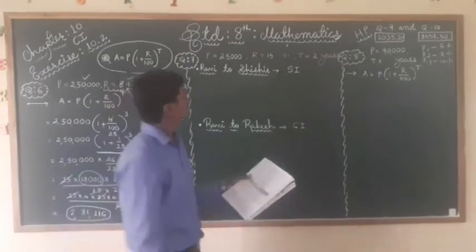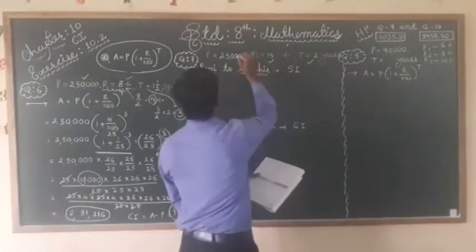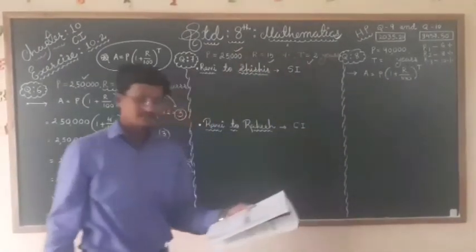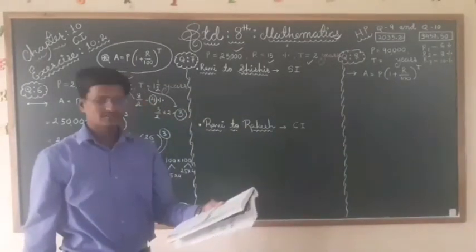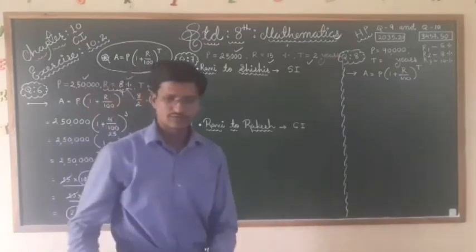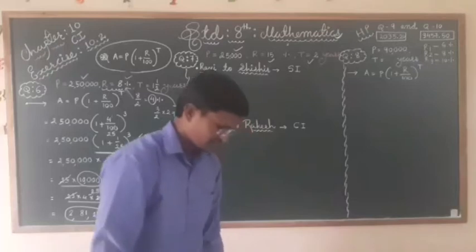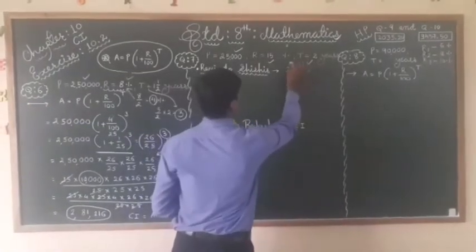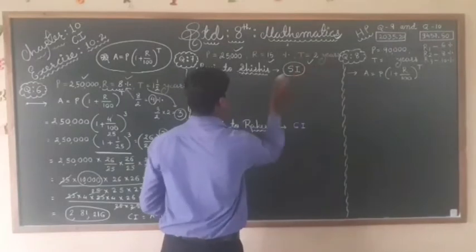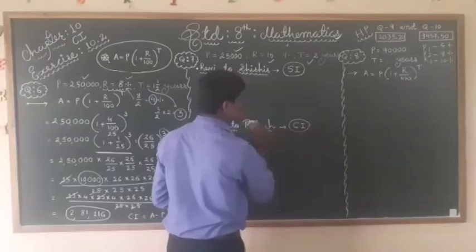So the period is also mentioned, that is 2 years. Interest is 15% and principal is 25,000. So what does he gain in this transaction? We have to find out how much he will gain when Ravi gives to Cecil as simple interest, and Ravi to Rakesh, that is compound interest.